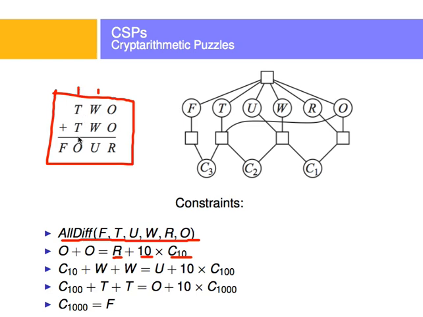And the same thing is going to happen with T and O. So the constraints stand like this. O plus O must be R plus 10 times the carry. Now, that carry, if present, plus W, so I'm looking at this column right now, W plus W must be U plus 10 times the carry of the 100s.